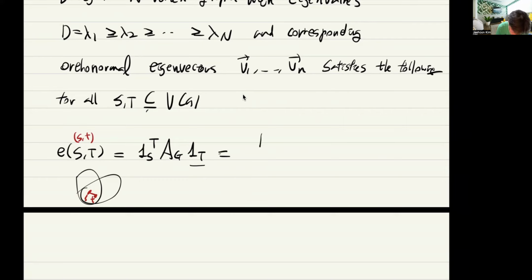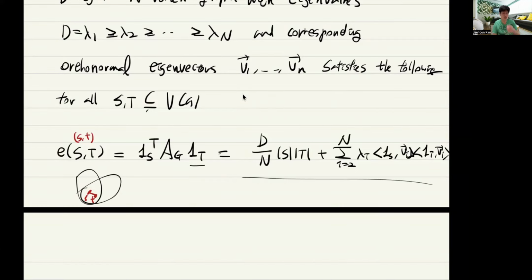And from there you can compute that. So this formula gives you the number of edges between F and T.